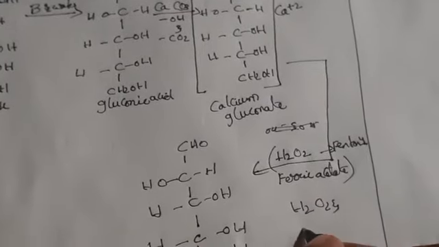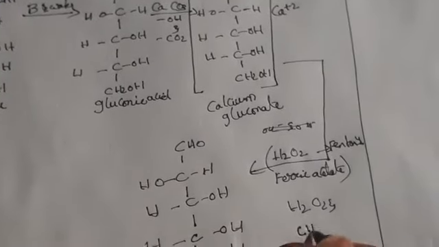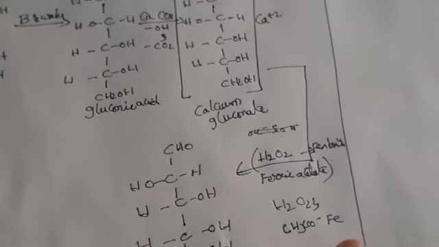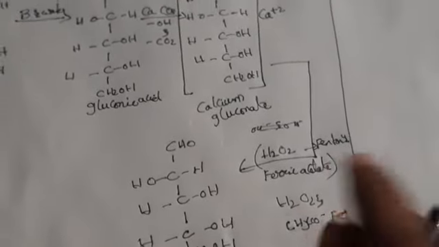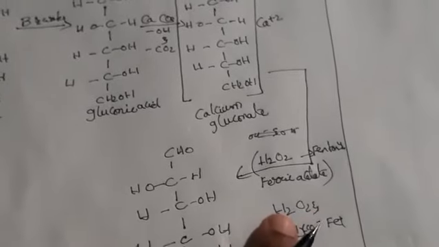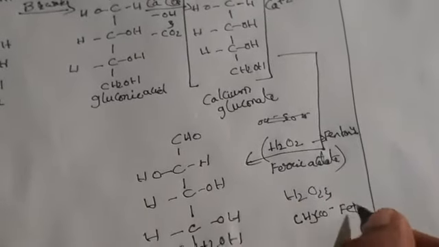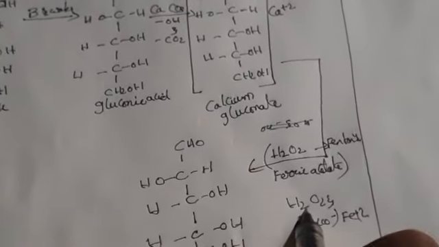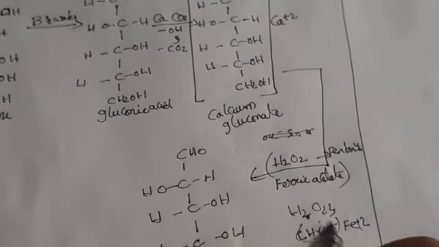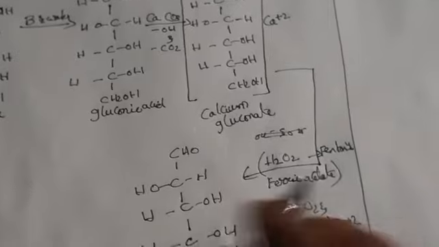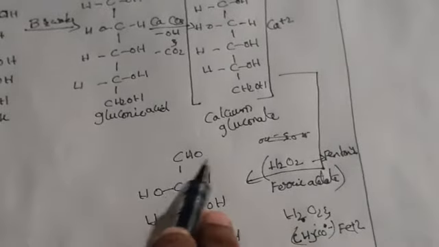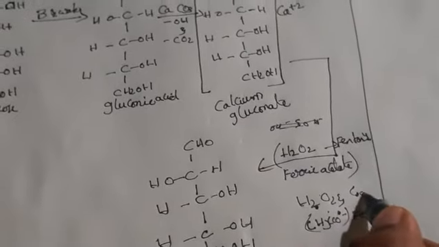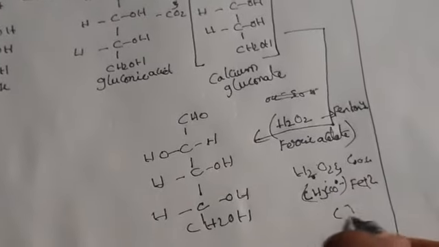See here, we are taking H2O2 and CH3COO minus Fe plus, this is ferric acetate, and this is hydrogen peroxide. When we react with both of these, the acid is eliminated.